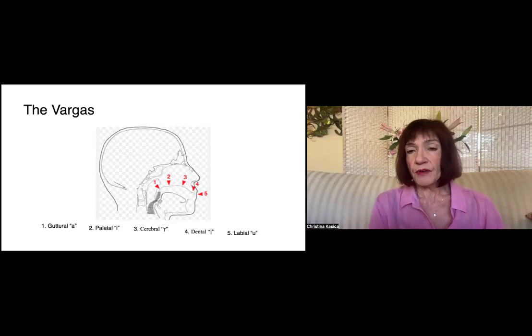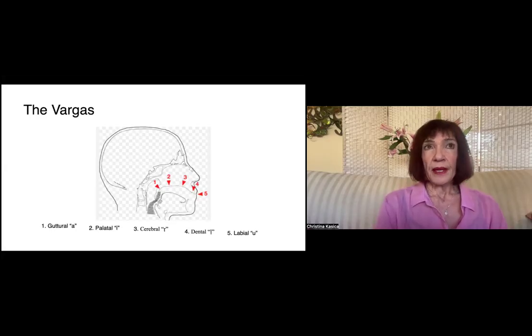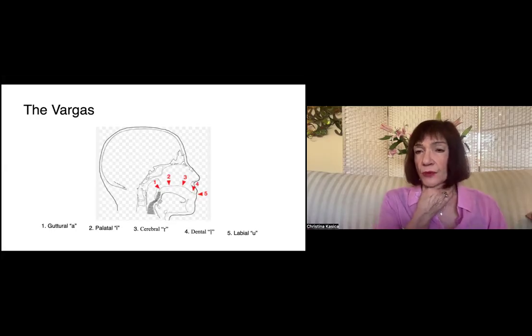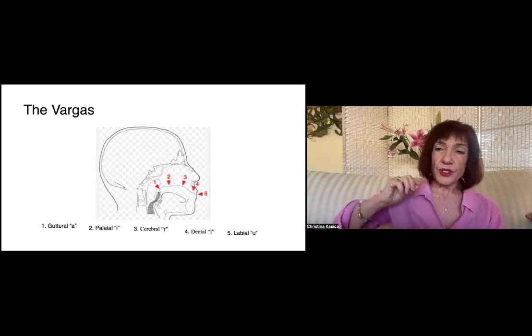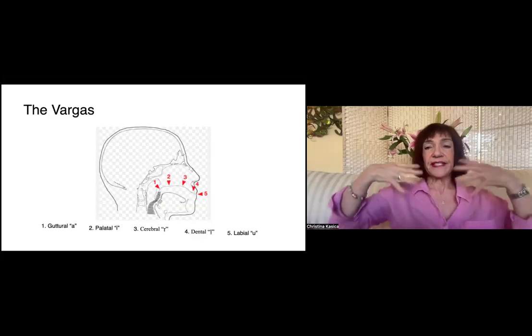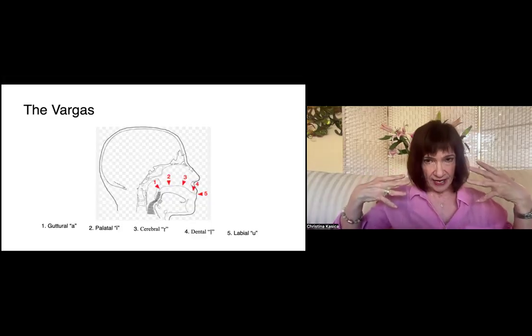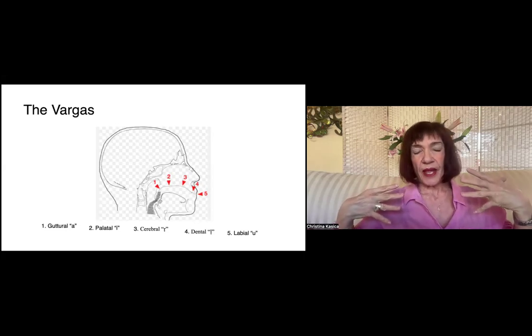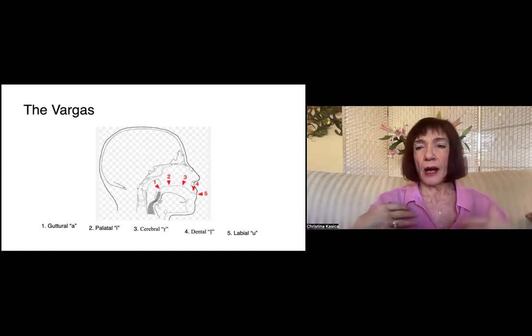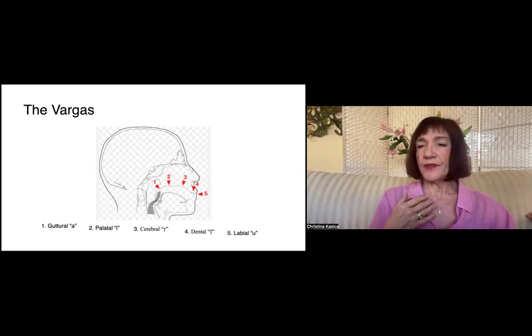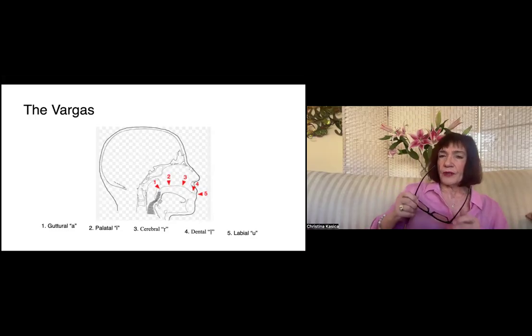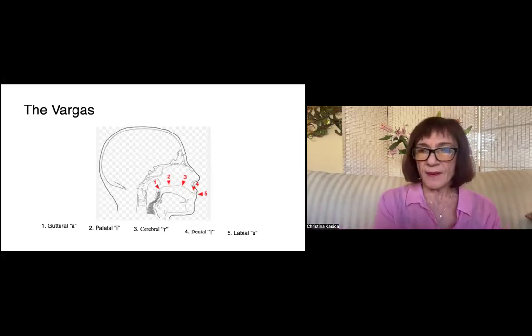So the first mouth position, number 1, is called guttural. And that means it's in your throat. So you fold your tongue in half and stick it all the way in the back of your throat. And you say the letter A, everyone say it. Good. And your tongue is way back there, right?